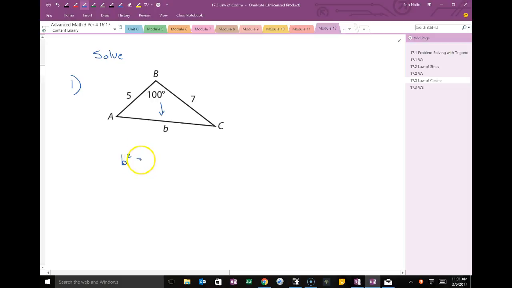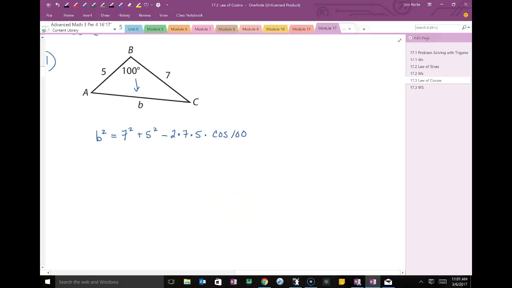It is equal to a squared. So what's my a squared value? 7. So it would be 7 squared plus 5 squared minus 2 times 7 times 5 times the cosine of b. Here's the trickiest part about the law of cosines: typing it into the calculator correctly.